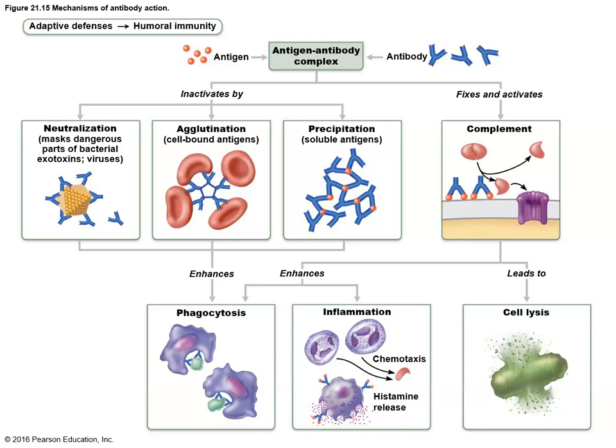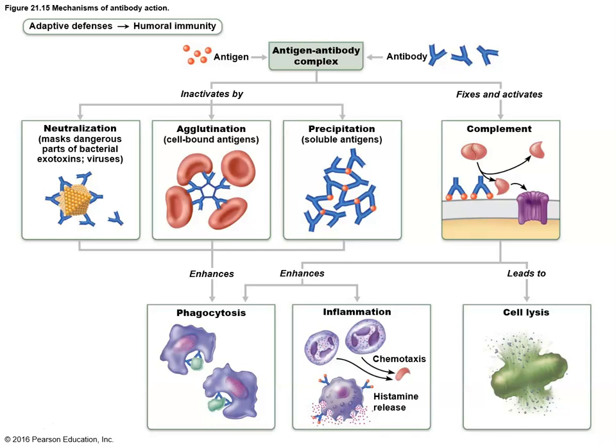If you have wrong blood types that mix, this is the kind of reaction that's going to occur. When we talked about blood types and anti-A and anti-B, the agglutination would be if the anti-A caused the A to clump together, or the anti-B caused the B to clump together. That would be an agglutination reaction, and that's an immune system reaction.